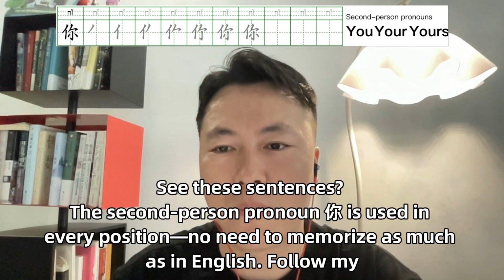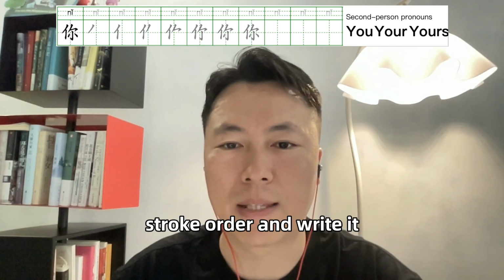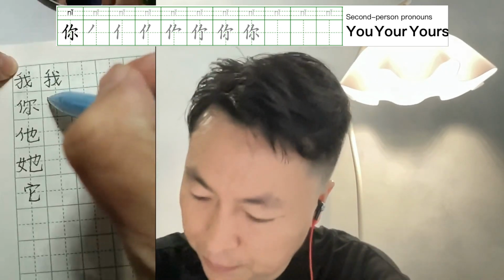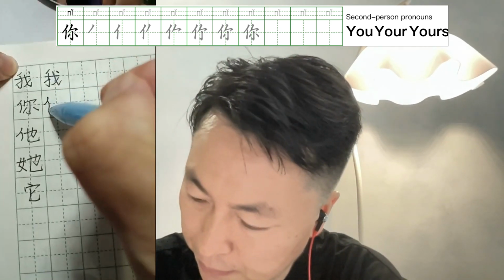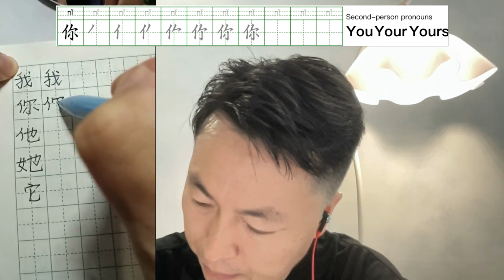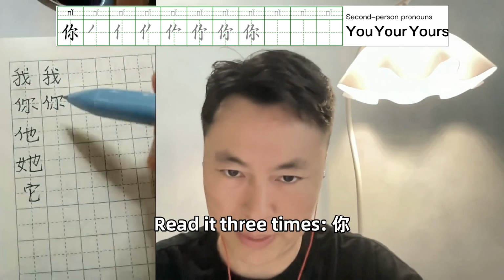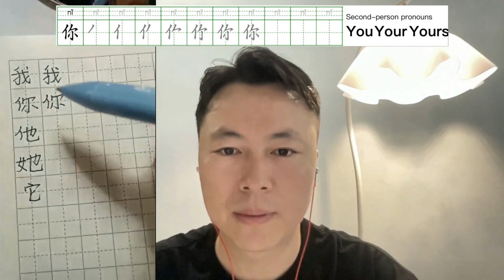No need to memorize as much as in English. Follow my stroke order and write it. Read it 3 times. 你.